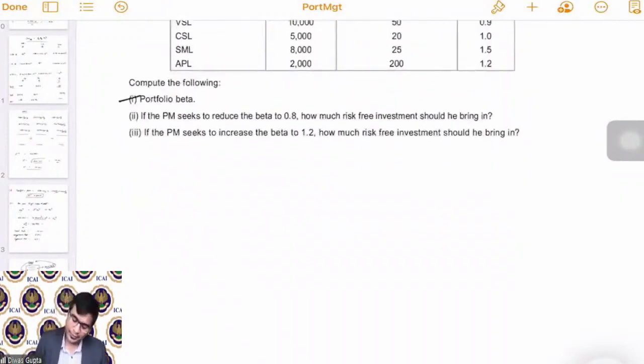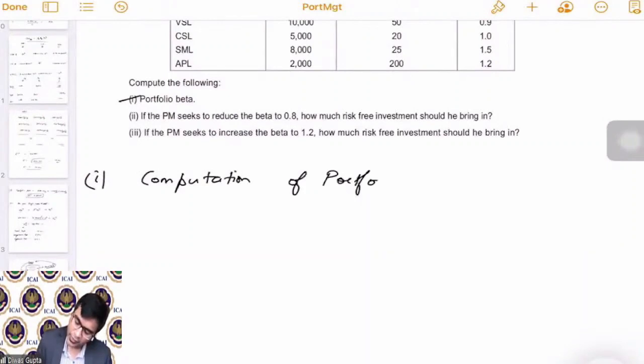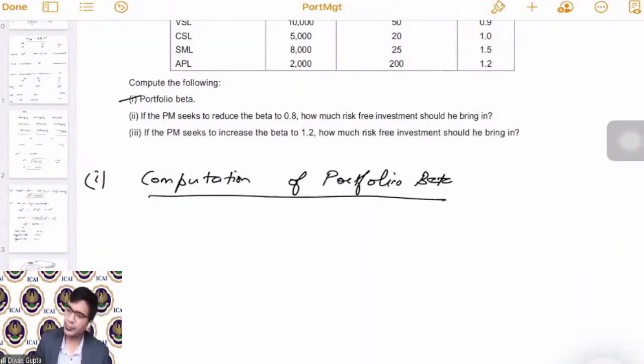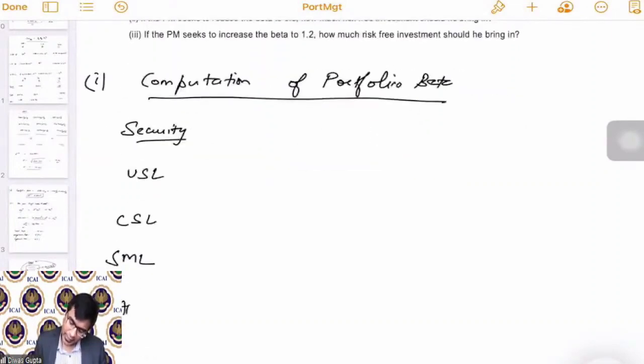So, we can do the computation of portfolio beta. Okay. The securities are VSL, CSL, SML, and APL.